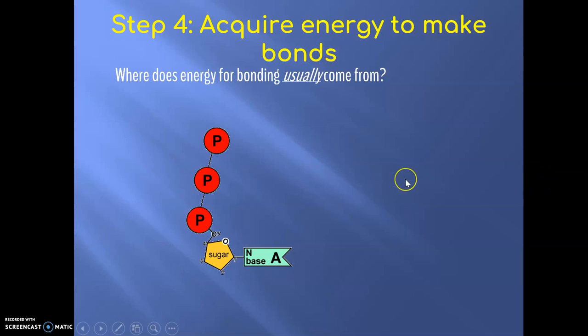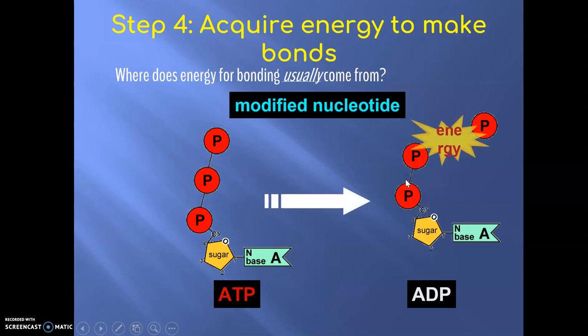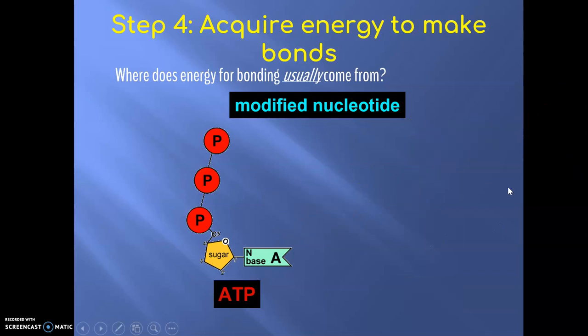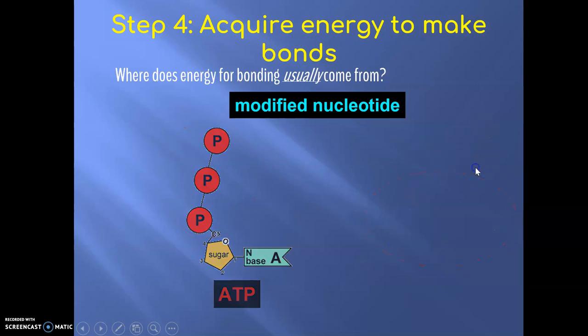So step 4, we're going to acquire energy to make bonds. Where does energy for bonding usually come from? ATP. What happens is we have to have a modified nucleotide. We break off one of those phosphates, and that's how we get the energy, ATP to ADP. But remember, ATP is considered a modified nucleotide, but we only have one phosphate group here in our base, so it's actually AMP, the monophosphate, and we get the energy from breaking off those two.